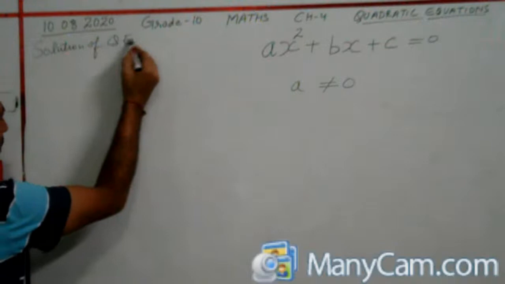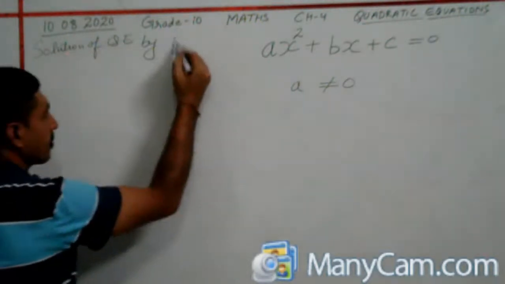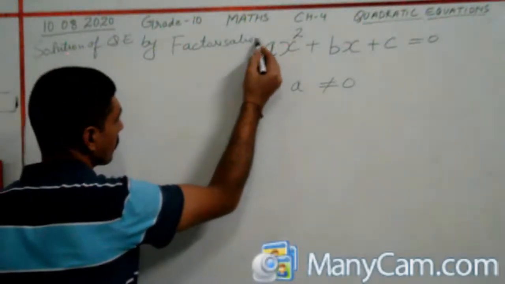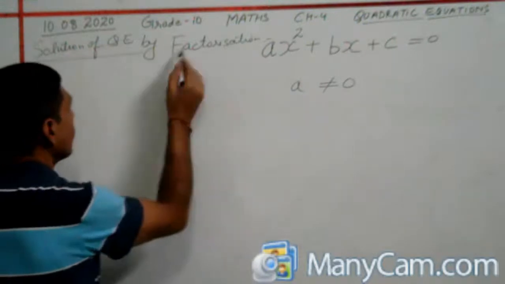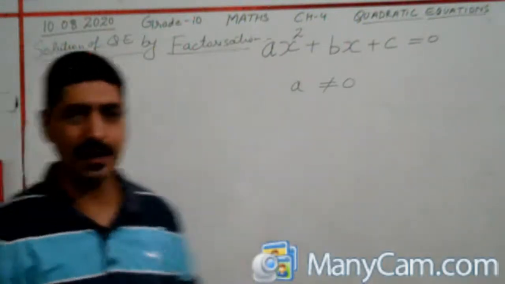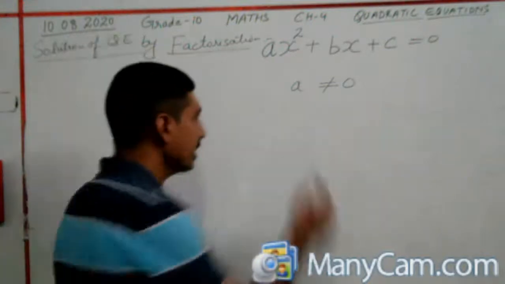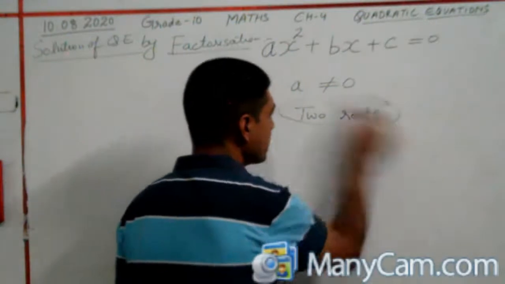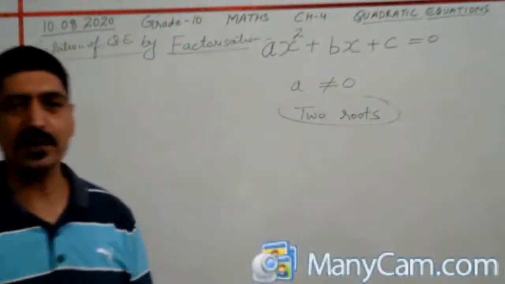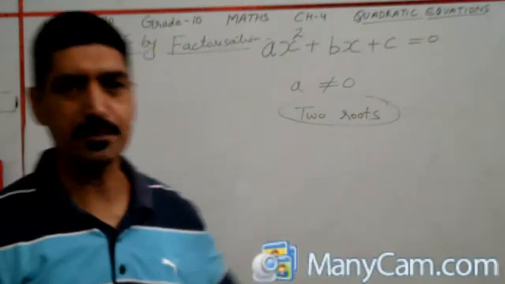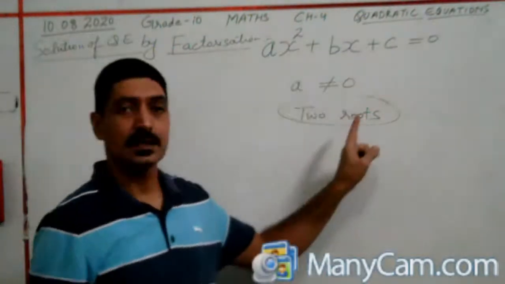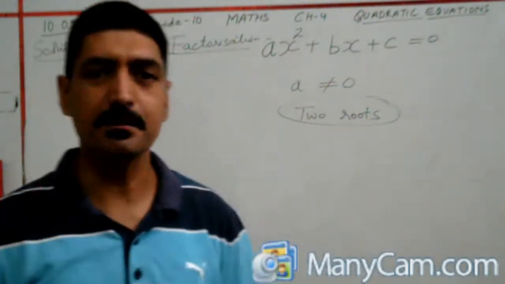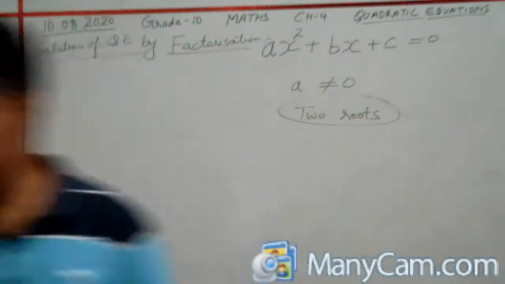Quadratic equations always have two roots, and these two roots satisfy the equation: when we substitute them in place of x, the left hand side and right hand side are equal, meaning the left hand side becomes 0.